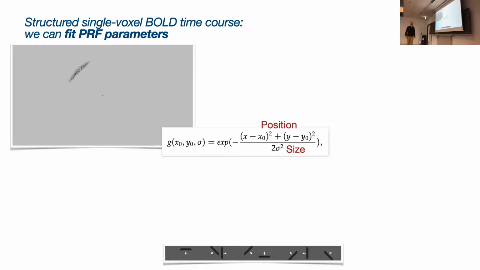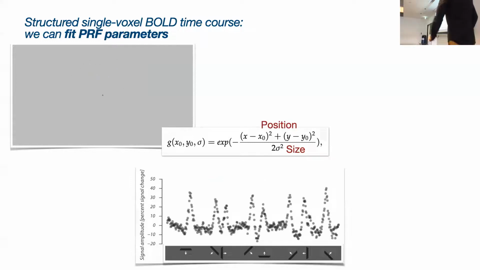Oh, here we are again. So we measure a time course like this in a specific single voxel, right? Because there are these waves traveling, and sometimes these are a bit closer together. That's because here the bar is going from the top, and here it's going from the left to the right.